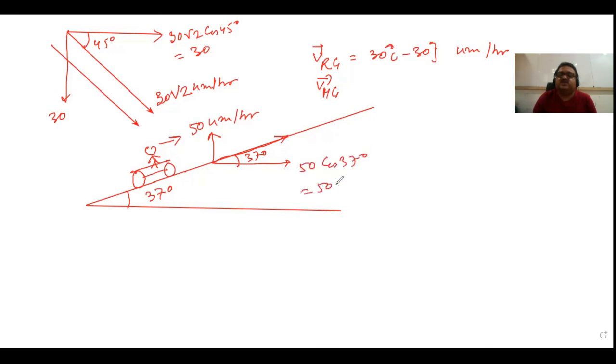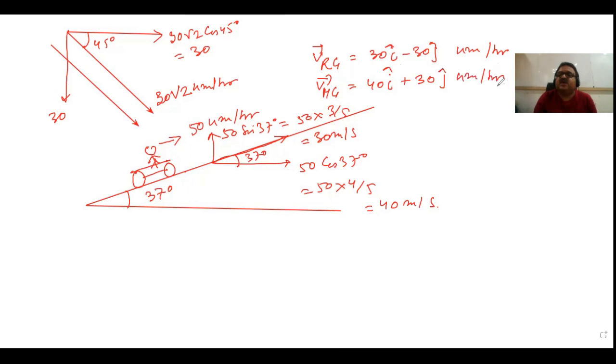Cos 37 is 4/5, so it is 40 kilometer per hour. And this is as usual 50 sin 37, that is 50 into 3/5, that is 30 kilometer per hour. So what is the velocity of the man with respect to the ground? It has two components, both along positive direction. So 40 i cap plus 30 j cap kilometer per hour.